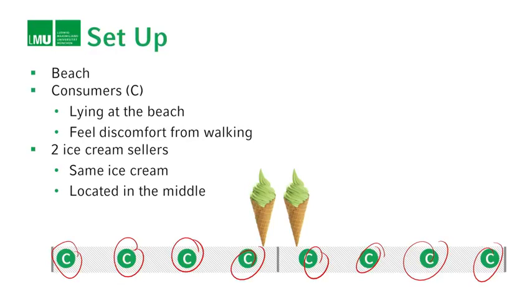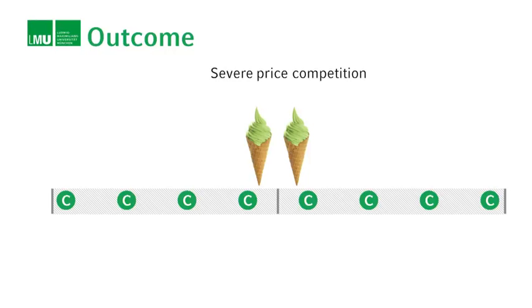Now, there are two ice cream sellers that sell the same ice cream and that are both located in the middle. So let's see what's going to happen to competition in this context. There's going to be severe price competition. It's fairly easy to imagine why.